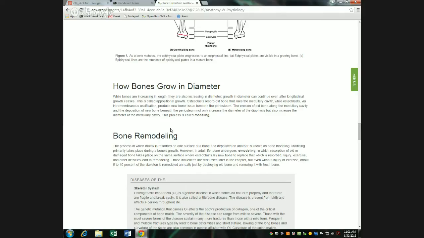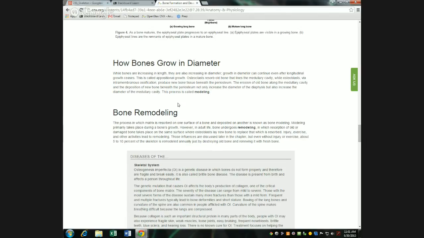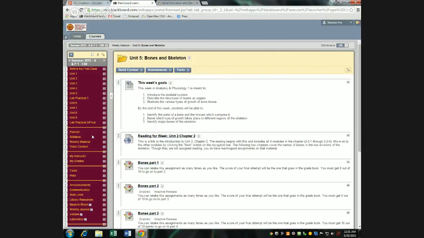But then throughout life, the bone is always going through remodeling processes. So it's kind of all happening. Unfortunately, while they're talking about modeling and remodeling in these two paragraphs, they don't introduce a term that I think is most important. So let me go to the video here.